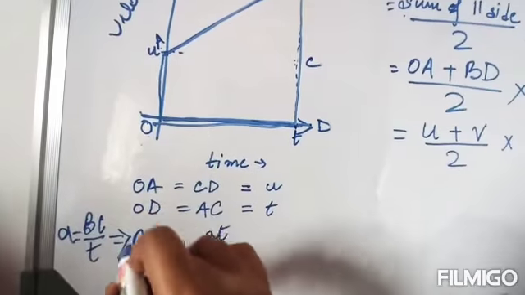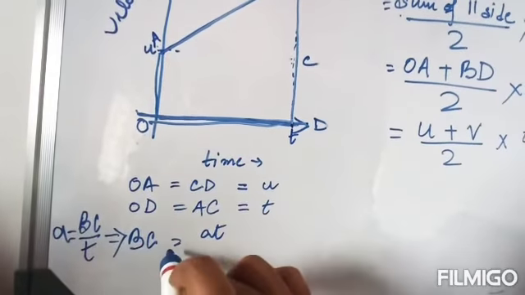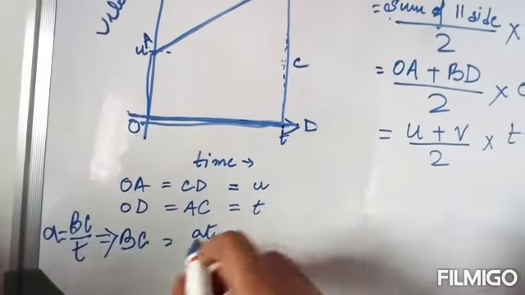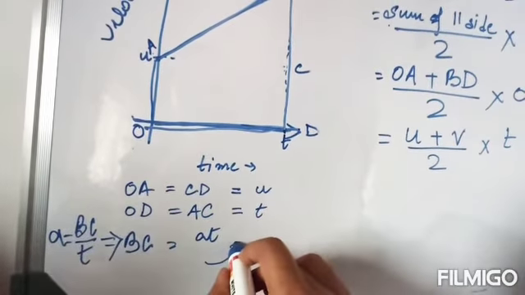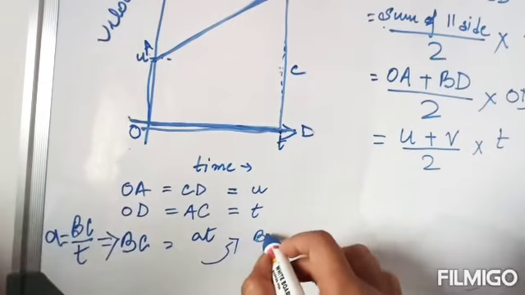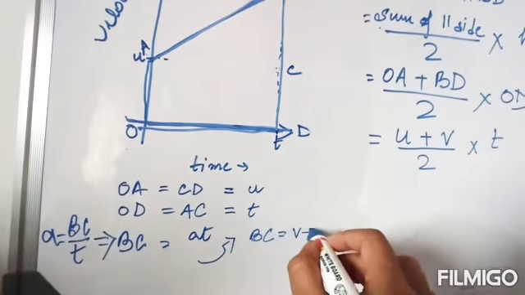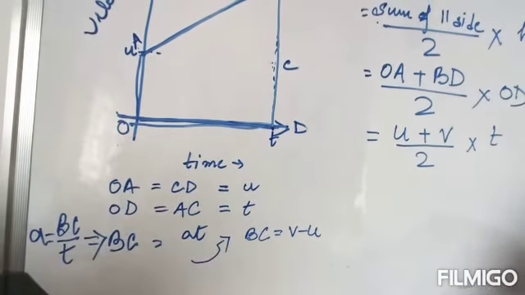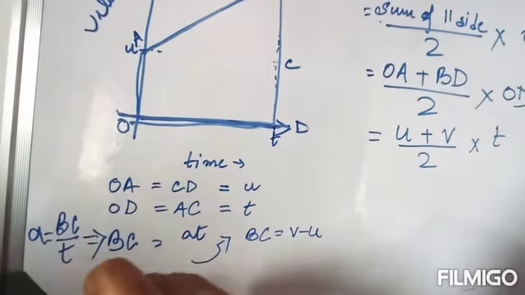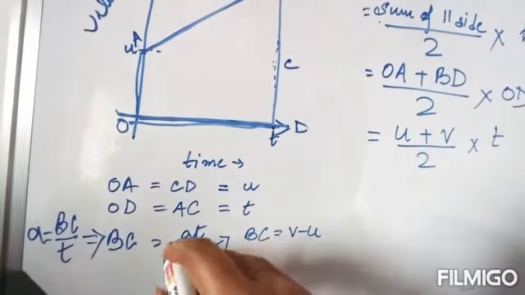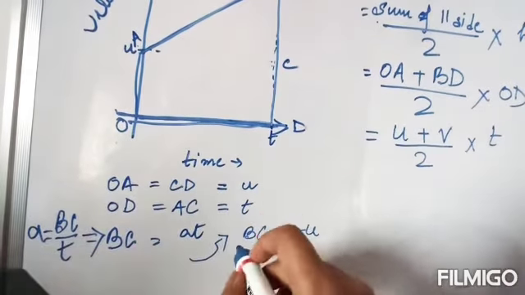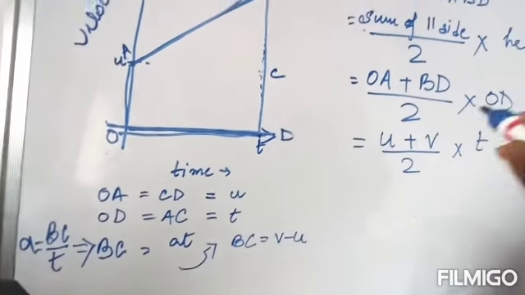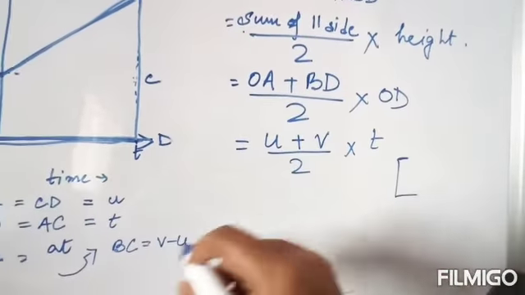Now from here, this BC is equal to AT. What is BC that we have found out previously? BC was V minus U, correct? So what is T from there?